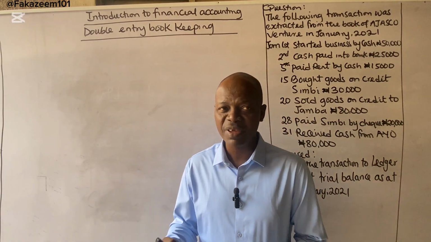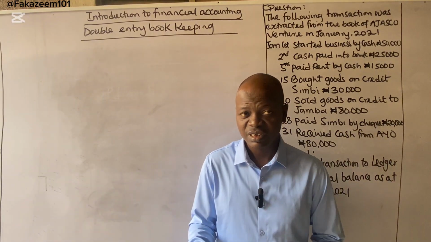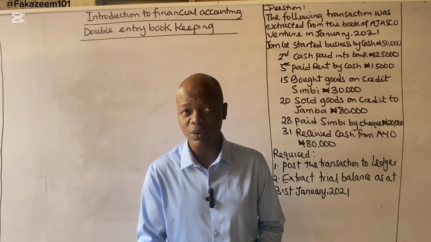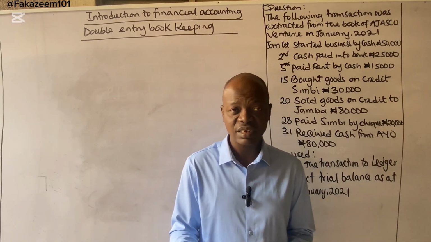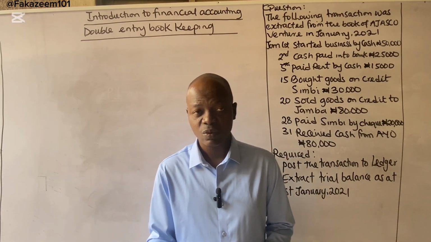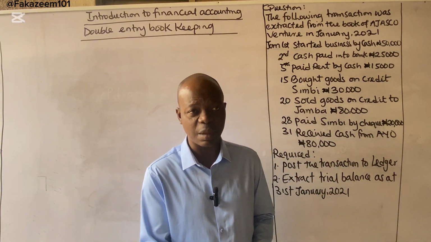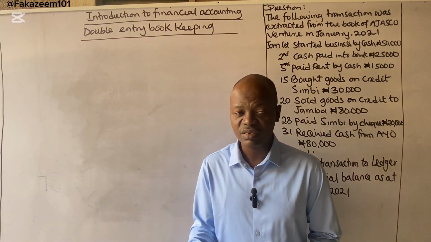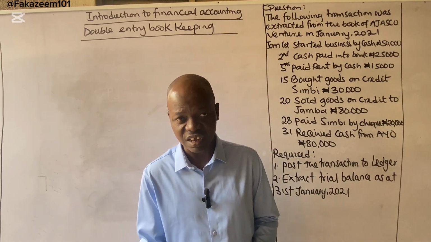From there, we looked at basic terms in double entry. What are these basic terms? These are terminologies that are familiar to a beginner in accounting. When the question says started, in your solution you are going to write capital. If the question says bought goods, in your solution, you write it as purchases account.